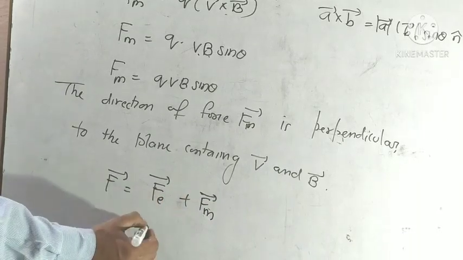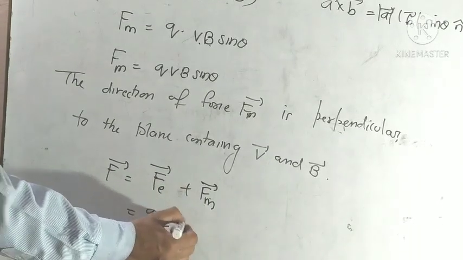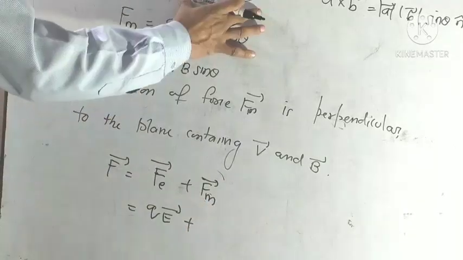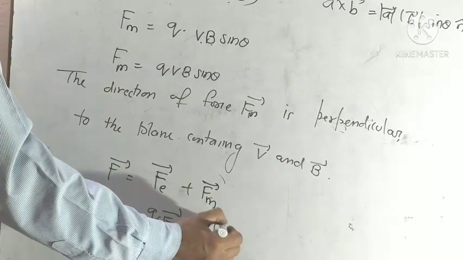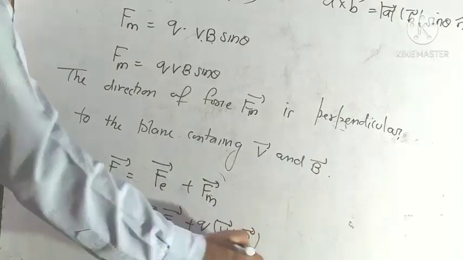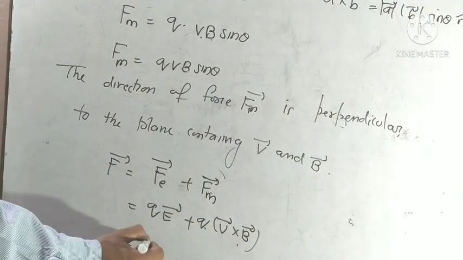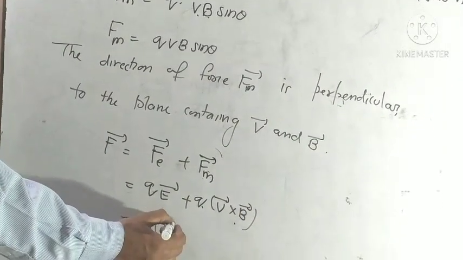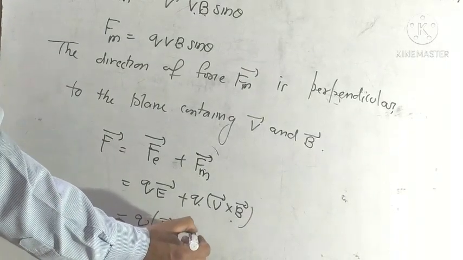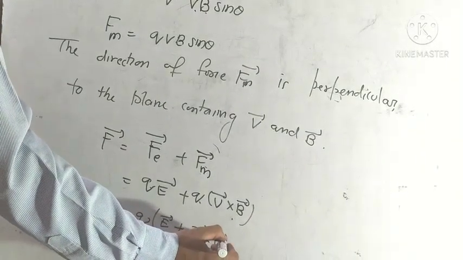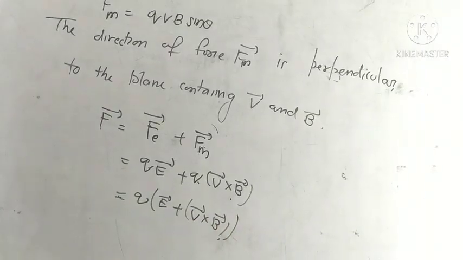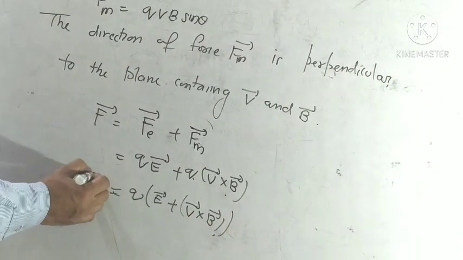We put the value of Fe, that is qE, and the value of Fm, that is q v cross B. We take q common: q times E plus v cross B. So this is the Lorentz force.